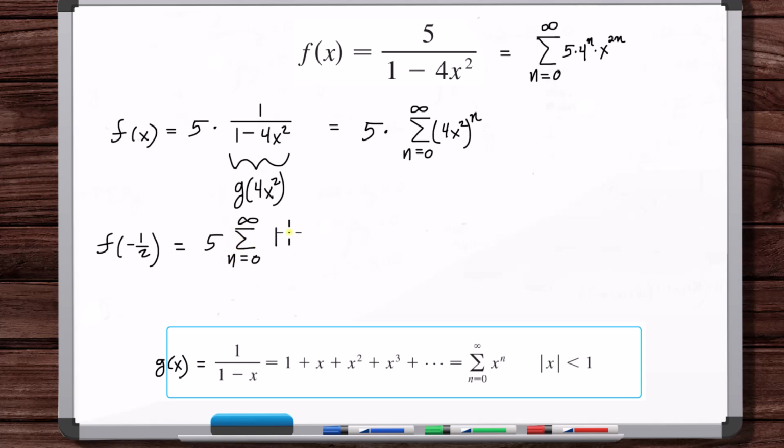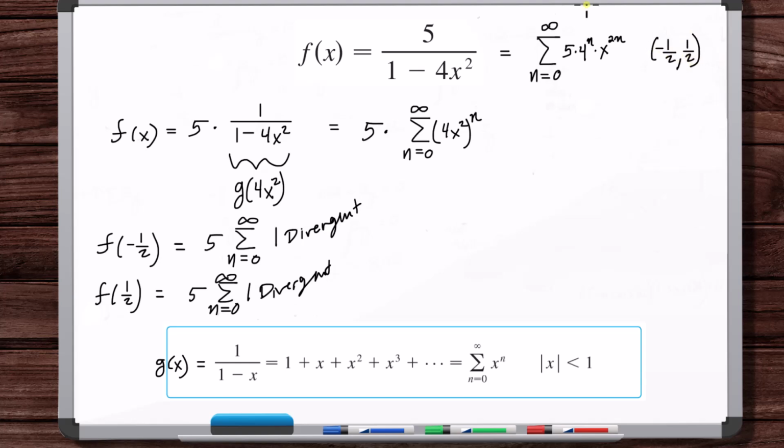That's divergent. Okay, what about 1/2? It's the same thing, divergent. So the domain of this is minus 1/2 to 1/2, not including the endpoints.